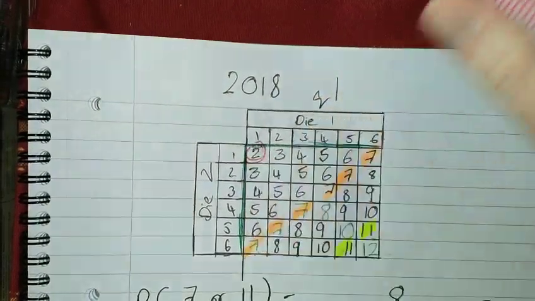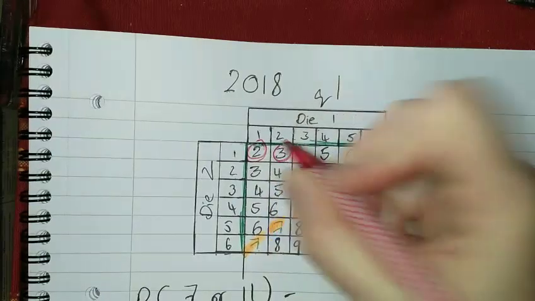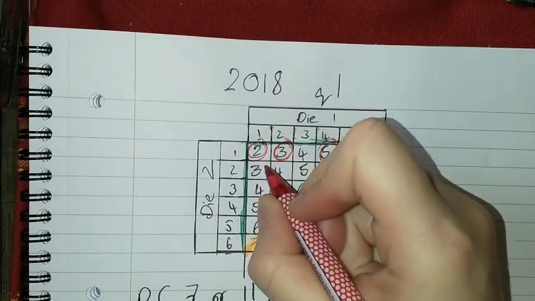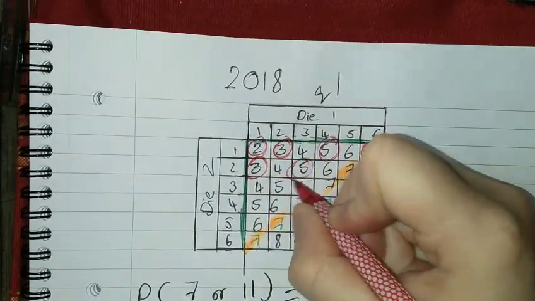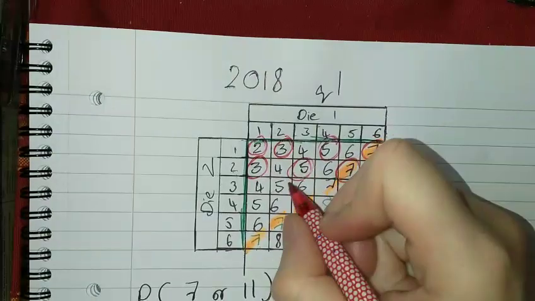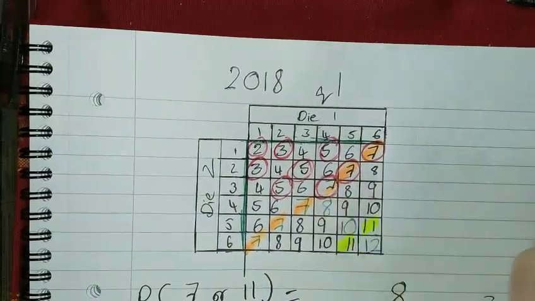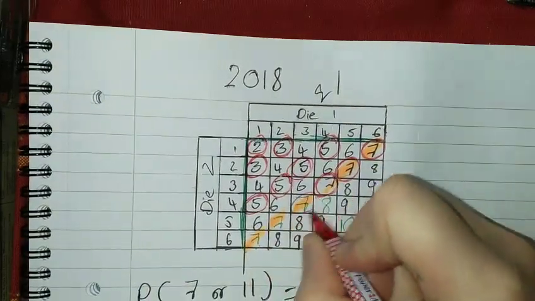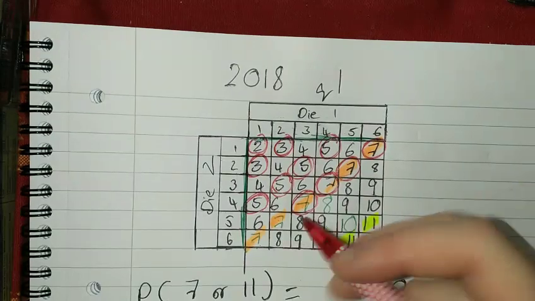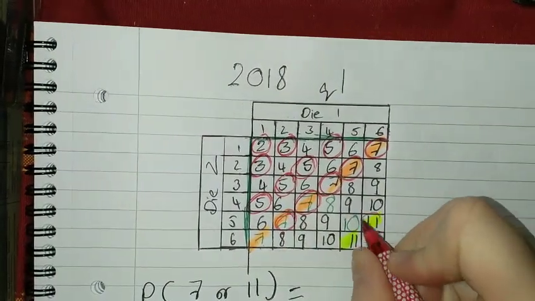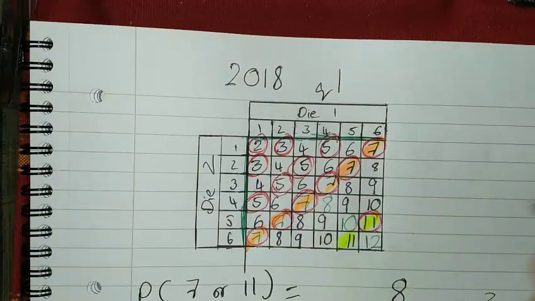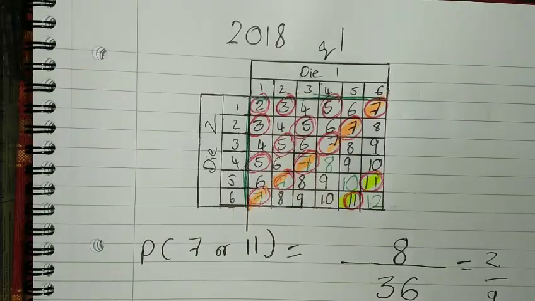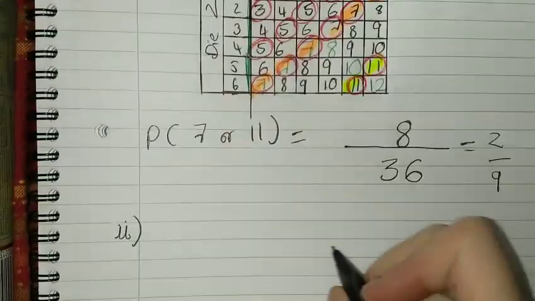So 2 is a prime number, 3 is a prime number, 5, 7 and 11 are also prime. I'll mark all the prime totals in the table.